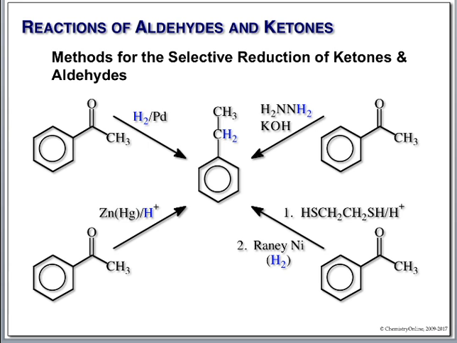Again, carbonyl to CH2. Clemmensen reduction, carbonyl to CH2. And finally, don't forget our smelly friend, 1,2-ethane thiol. Going to make our cyclic thioketal, Raney nickel, and again, carbonyl to CH2. Any questions?